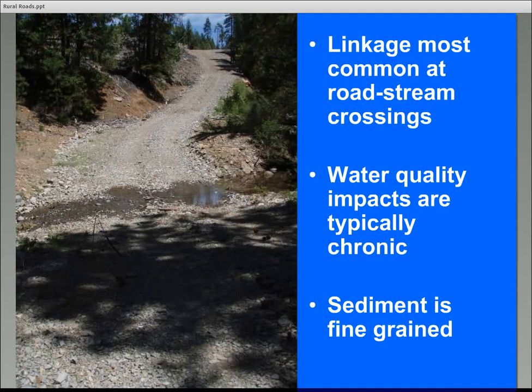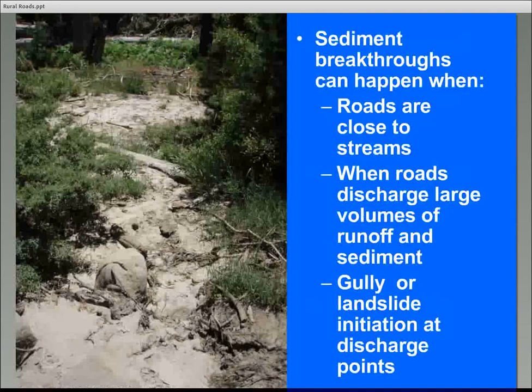Again, this is an important point to reiterate. Linkage is most common at road and stream crossings. This is where we should place most of our focus. And the water quality impacts at these particular points are typically chronic in nature. And generally, the sediment is fine-grained.